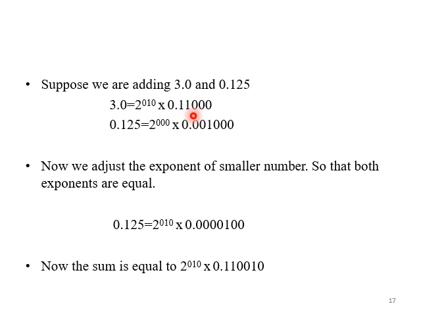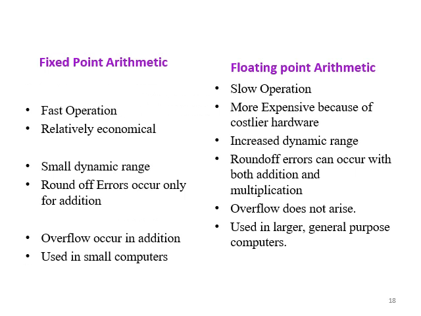For 0.125 there is no integer part, so we represent it with 2 to the power 00 into 0.001000. Now we adjust the exponent of the smaller number first, so that both exponents are equal. After adjusting that, I can go for adding or multiplication of the two numbers.